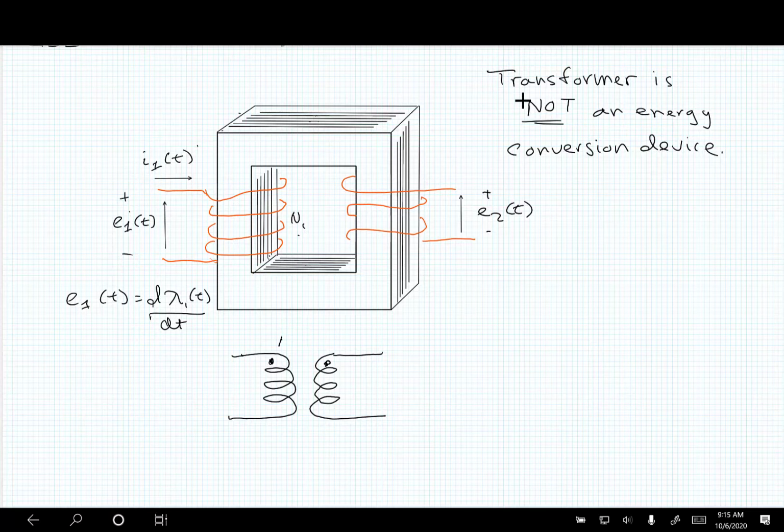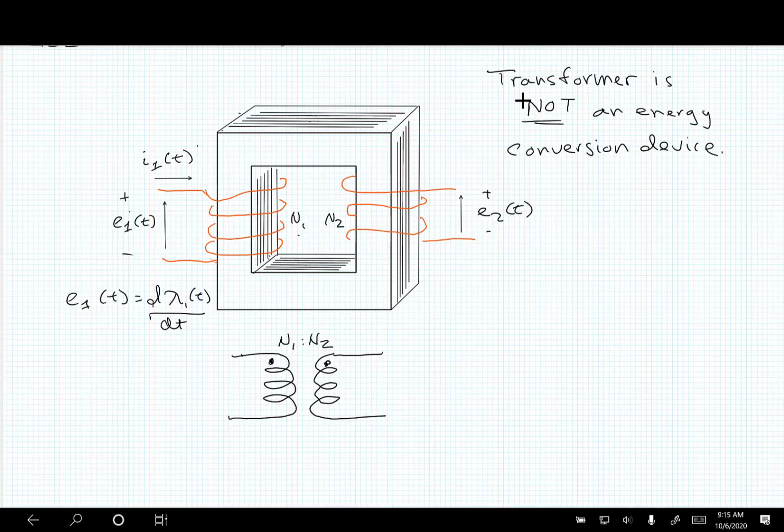You have your turns on the primary on the left, and the secondary has N2 turns.